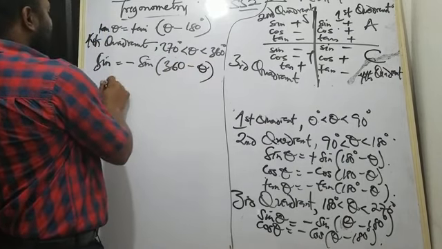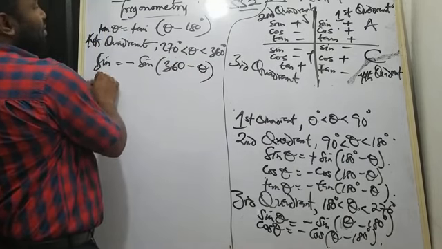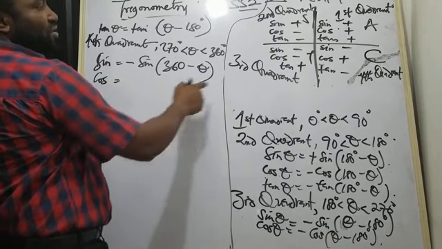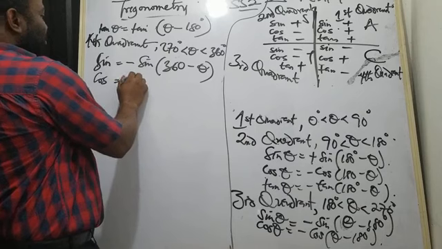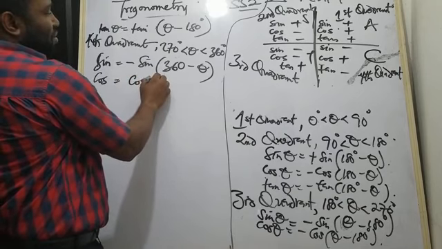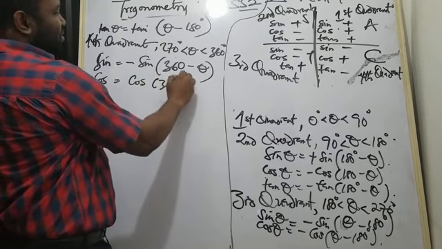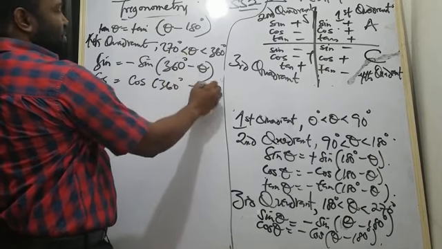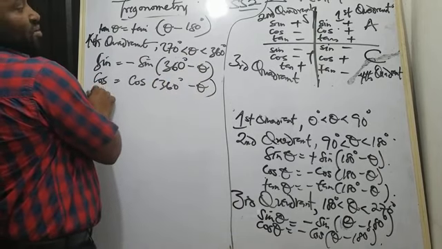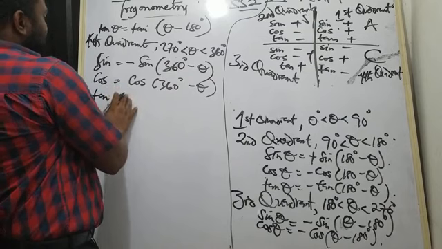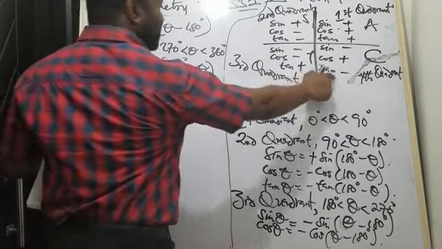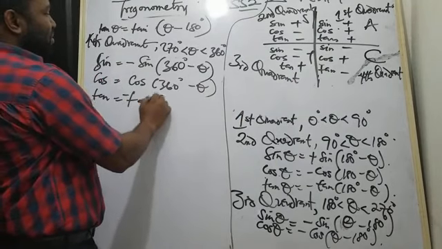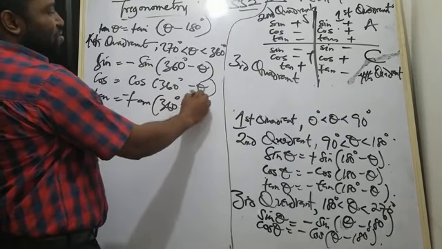Okay, now here cos, you have cos is also what? It's positive. You have positive cos 360 degrees minus theta. And then here you have negative tan, because tan is negative. Tan 360 degrees minus theta.